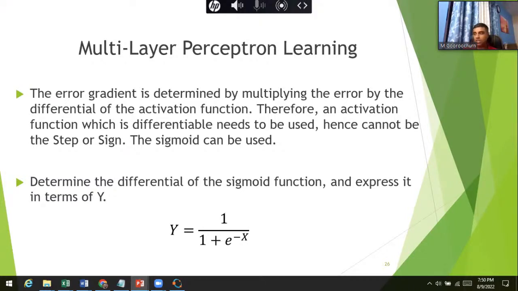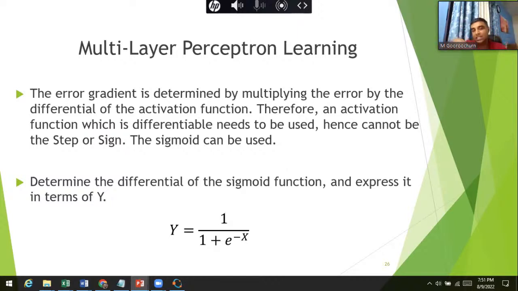Try to quickly work it out and see from the answer you get, are you able to express the dy by dx in terms of y itself? If you get an answer, share that in the chat. Yep, the answer is pretty simple actually. You see why we want to express it in terms of y, and the answer you get is very neat.